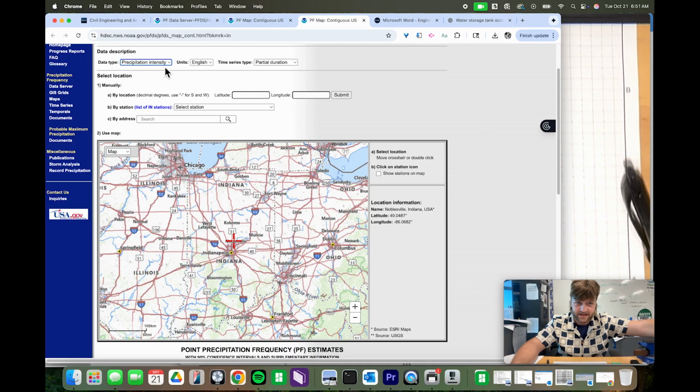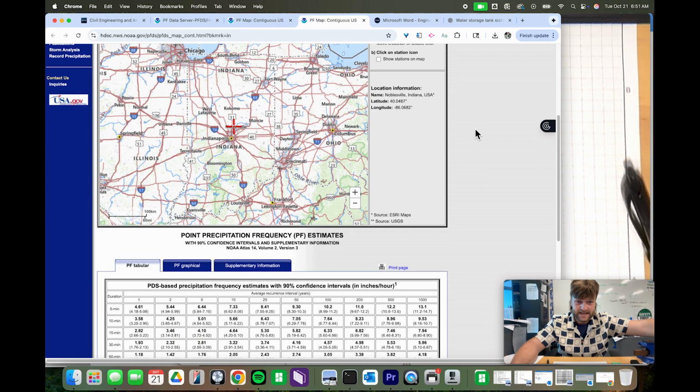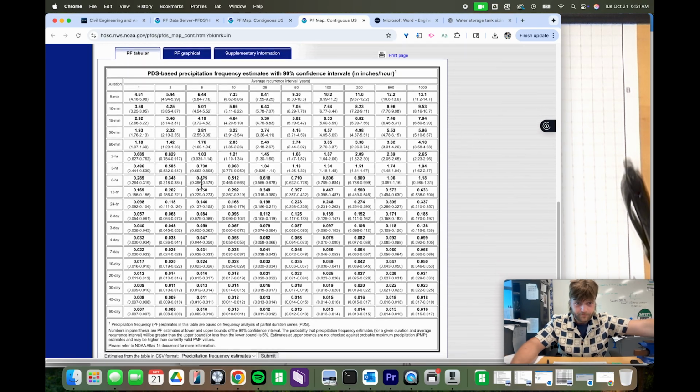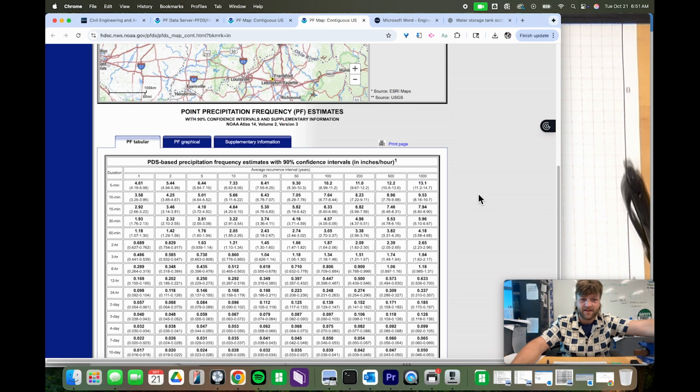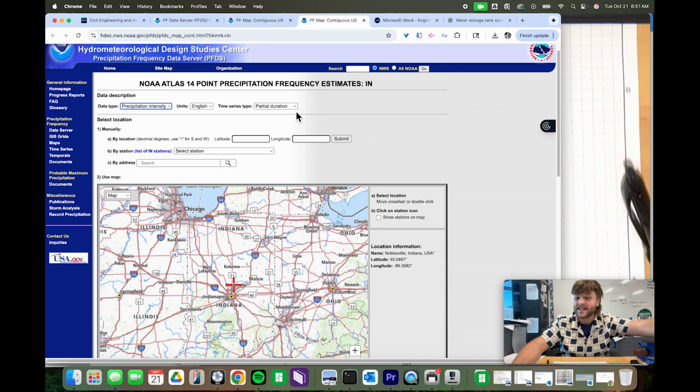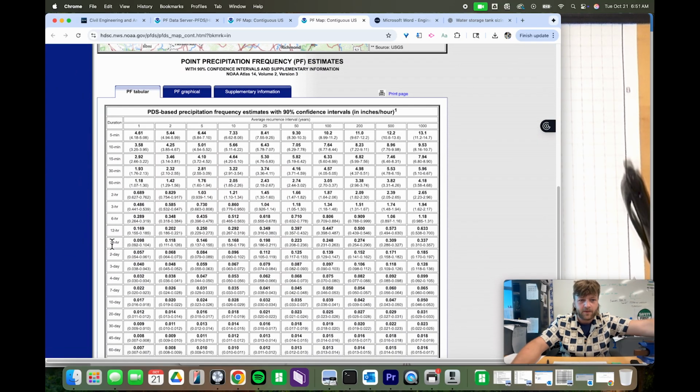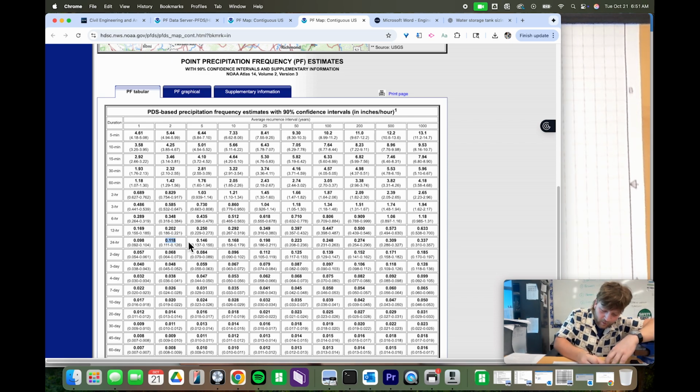And so you want to select that precipitation intensity. The value that I was receiving for the depth was the total collected rainfall after 24 hours. After we have the actual rain precipitation intensity, we end up with a value for a 24-hour storm that is a 2-year return period. We've actually got 0.118 as our value. So I, in this case, is 0.118 inches per hour.